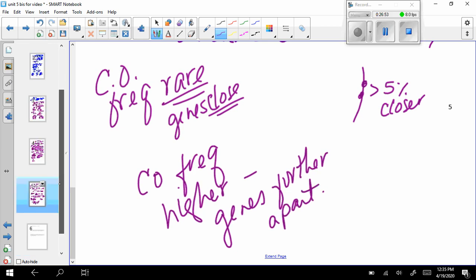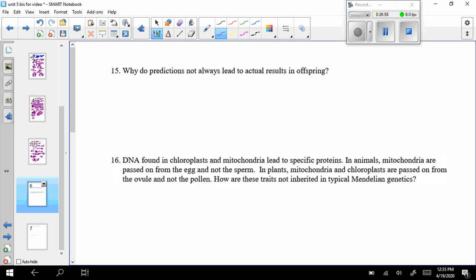All right, moving on. Why do predictions not always lead to actual results? So sometimes you just don't get the odds that you were looking for. The first reason is that it is chance, and those numbers are just the predictions. It doesn't always work out.